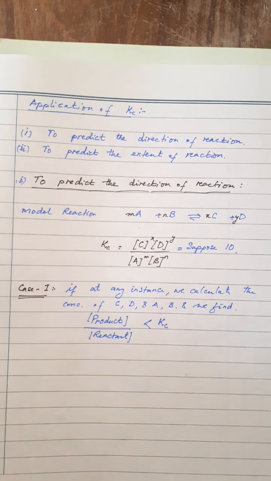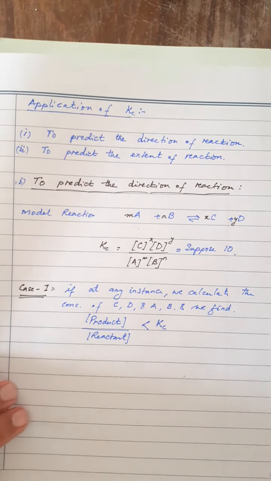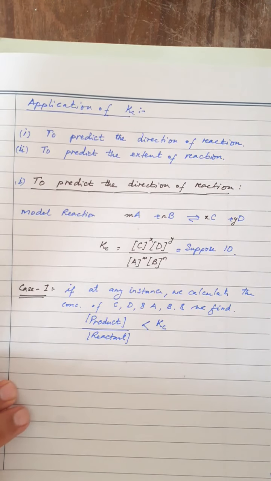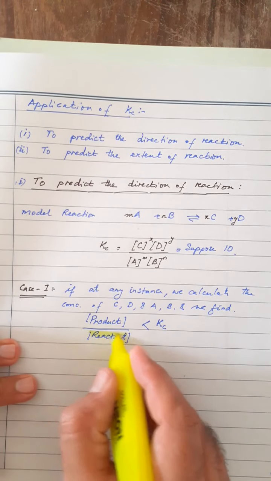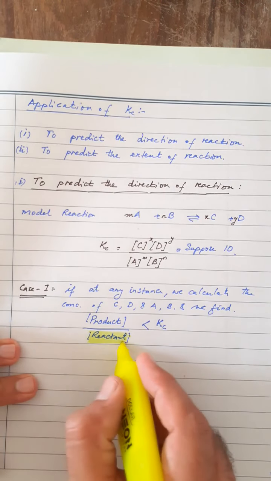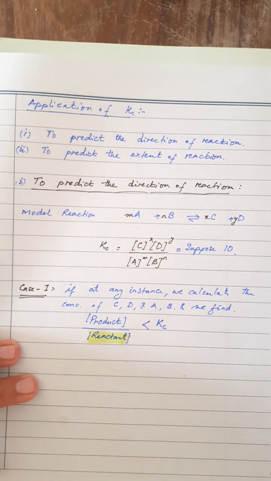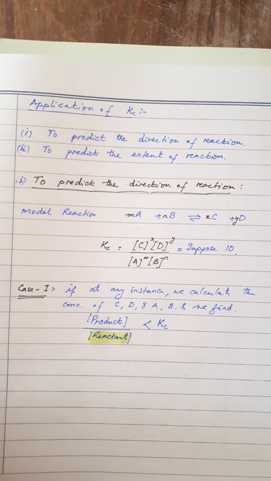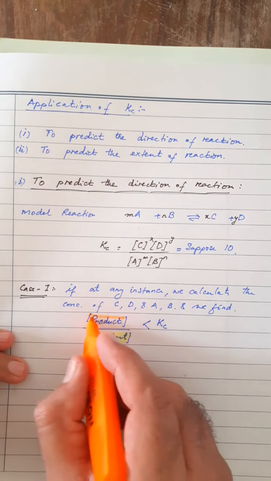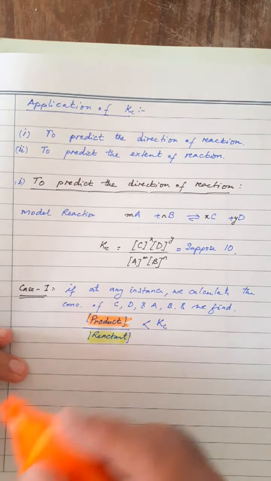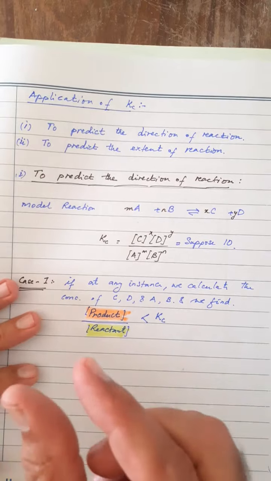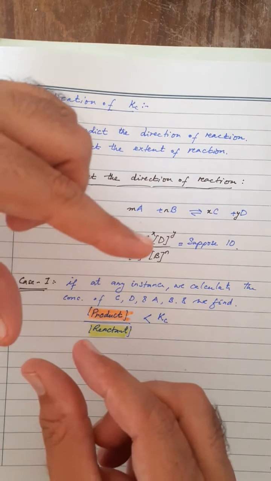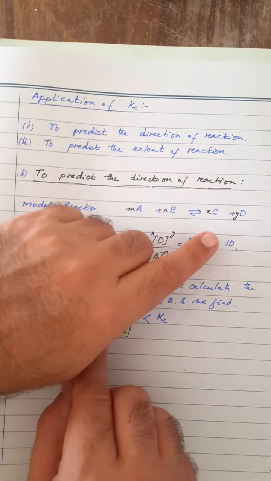The reaction will continue such that the values in yellow continuously decrease and the values in orange continuously increase. Only then will this ratio reach 10.